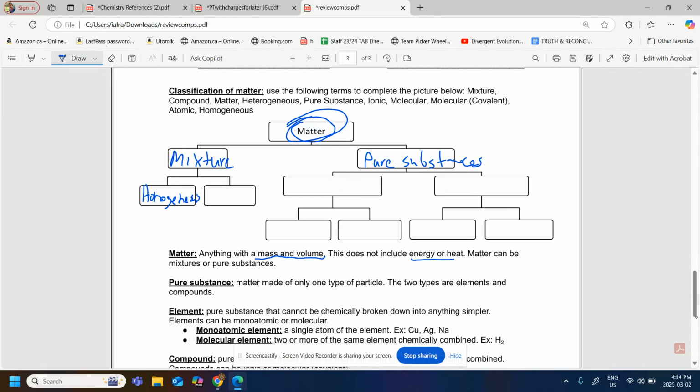Whereas sometimes you can see the different particles and tell them apart. So if you have a snack with raisins, pretzels, and crackers, you can see all the different particles of the mixture. That would be heterogeneous. Hetero meaning different.